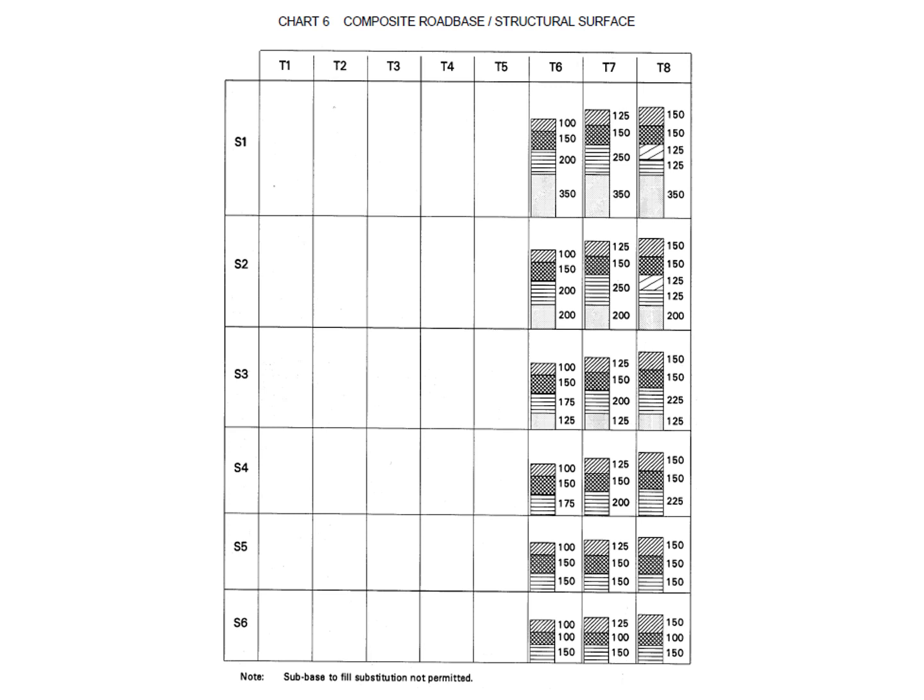Well, chart number 6 is again showing the composite road base and the structural surface. And you can see that if the traffic class is T7 and the subgrade class is S4, then this will be the cross section of the pavement.